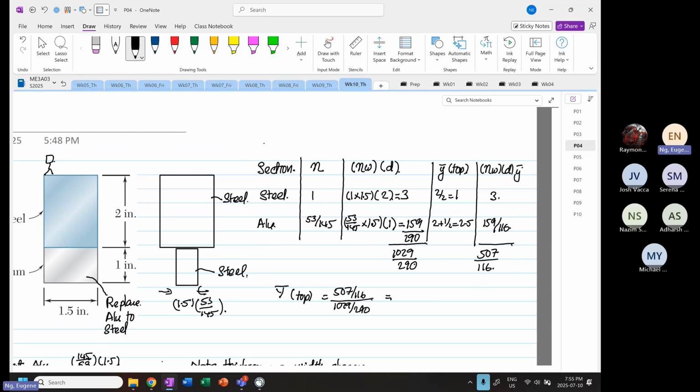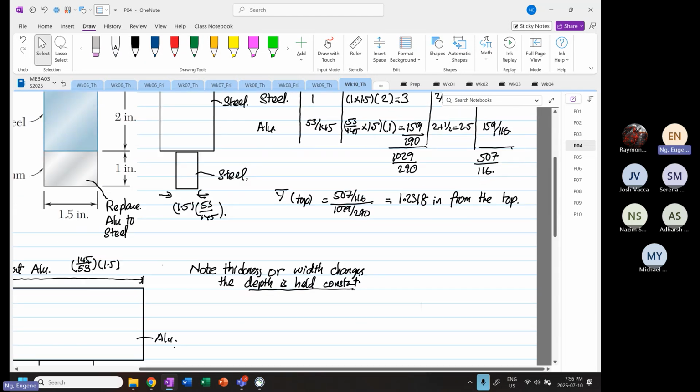So the value is 1.2318 inches from the top.